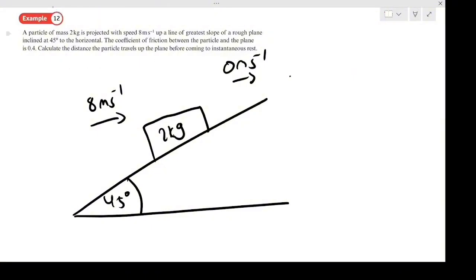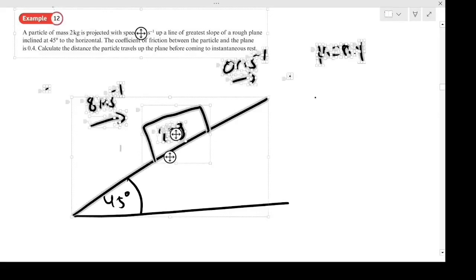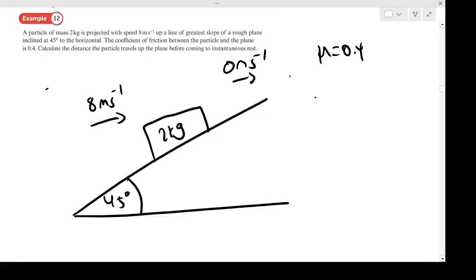Now, I'm also told the coefficient of friction is 0.4, so mu is 0.4. So, spoiler alert, there's now friction involved. And I know for definite there's friction because it's a rough plane. So, if it's going to go up the plane, there's a friction going to oppose it like this.